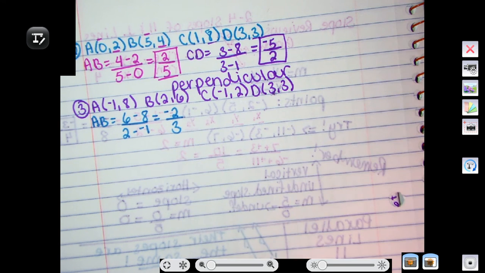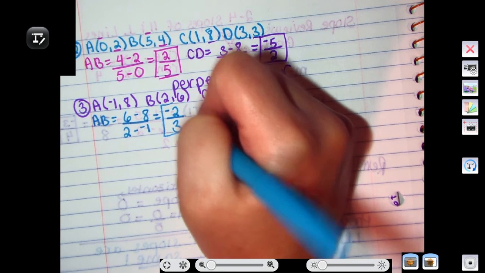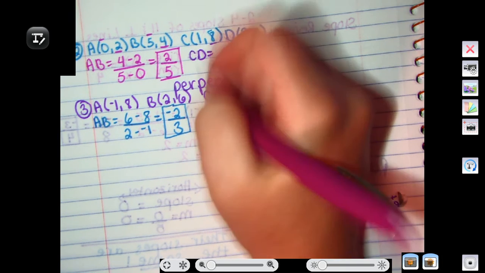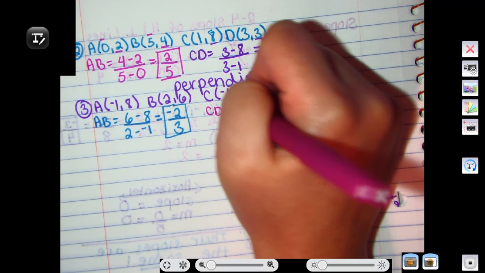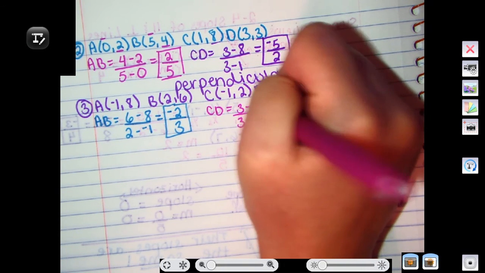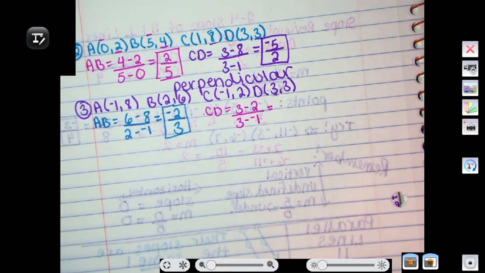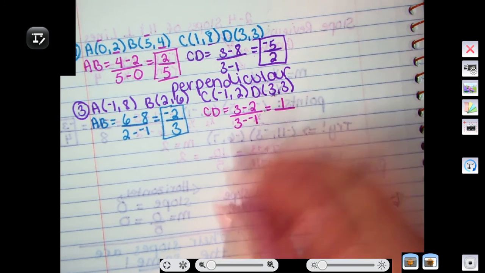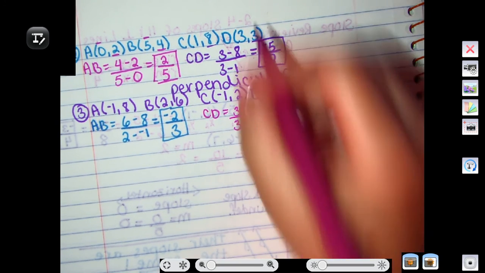So that's my first slope. Let's look at CD. So I've got 3 minus 2 over 3 minus negative 1. 3 minus 2 gives me 1, and 3 minus negative 1 gives me 4.